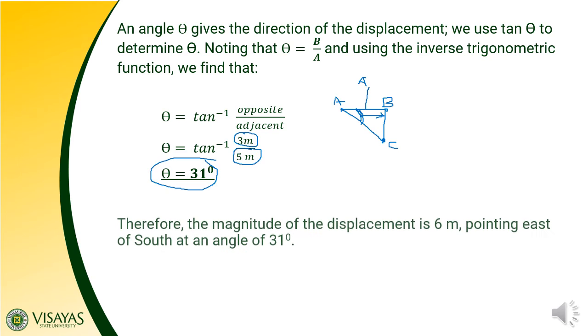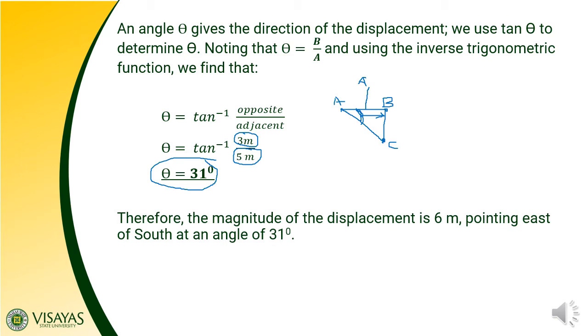So, therefore, the magnitude of the displacement is 6 meters, pointing east of south at an angle of 31 degrees. So, east of south yung direction kasi, so you can see here, from point A to point C. Pa-south siya pero at the east pa rin na direction. So, pointing east of south at an angle of 31 degrees.